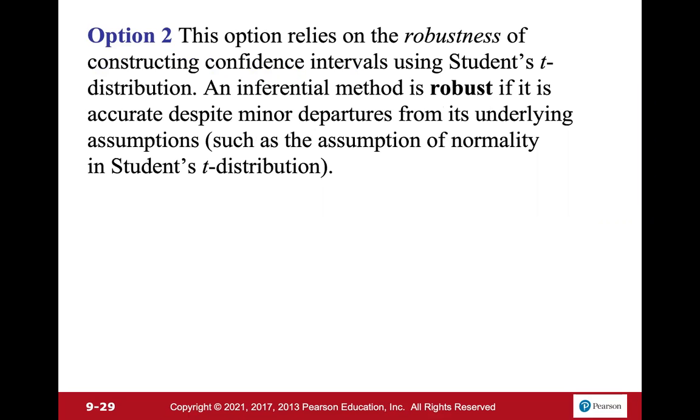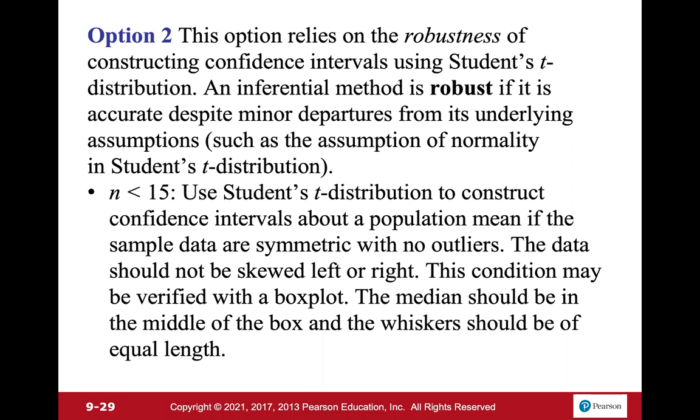Option two relies on the robustness of constructing confidence intervals using the student's t-distribution. An inferential method is robust if it is accurate despite minor departures from its underlying assumptions, such as the assumption of normality in the student's t-distribution.